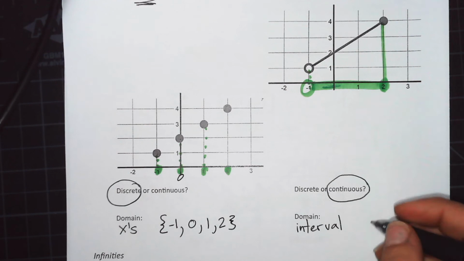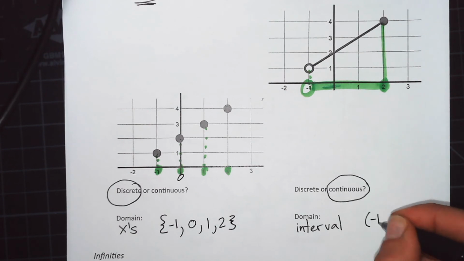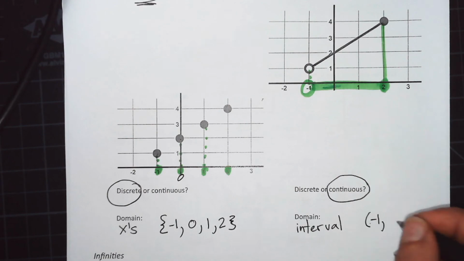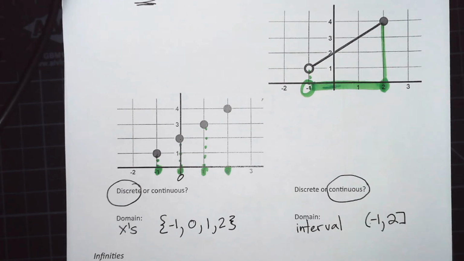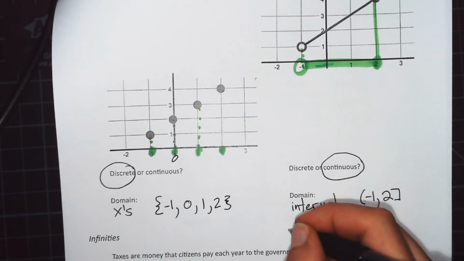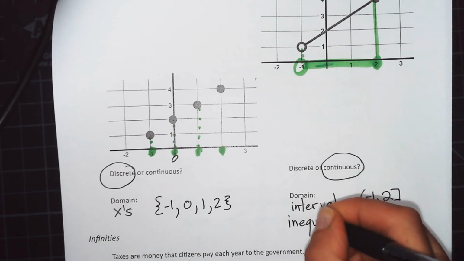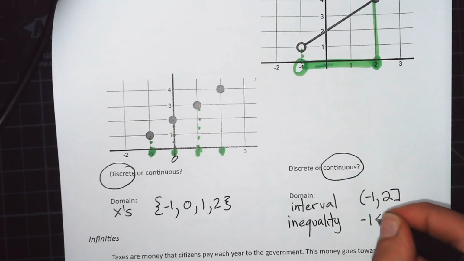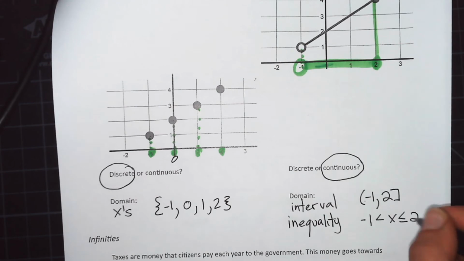So we'd say from -1, open, not included, to +2, included. And in inequality, we would say -1 is less than x, not included, and x is less than or equal to 2, included.